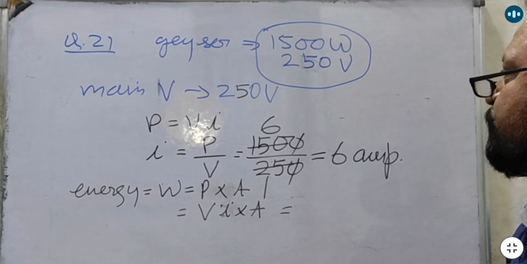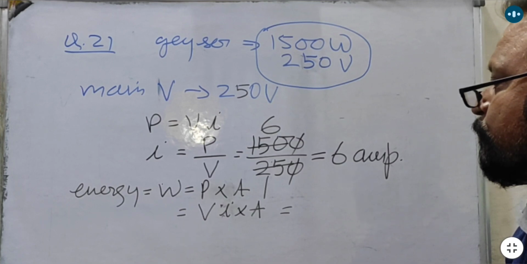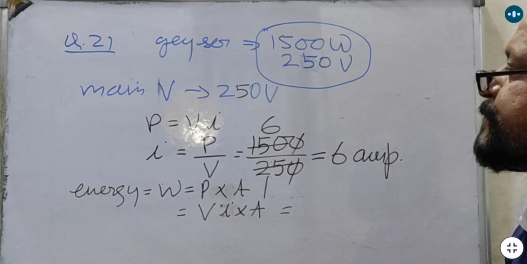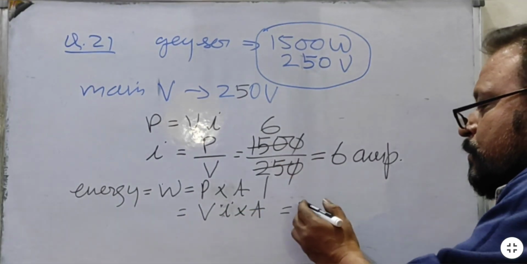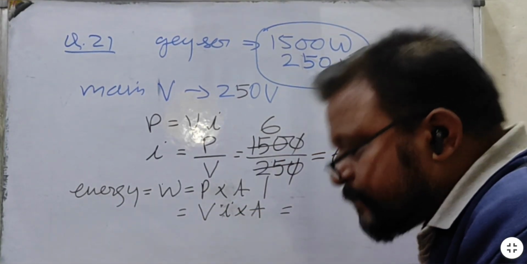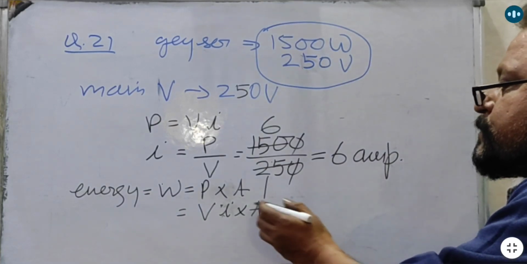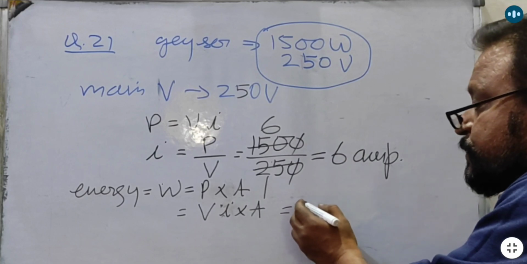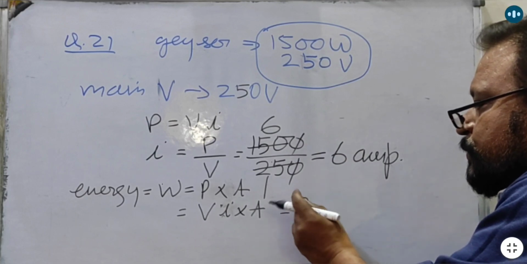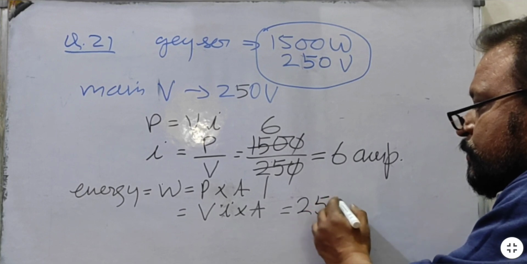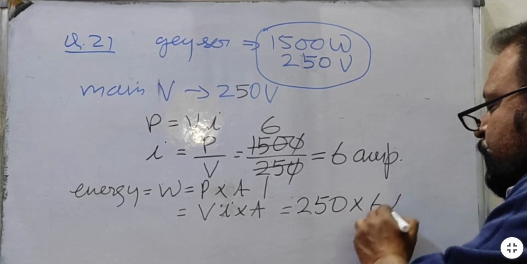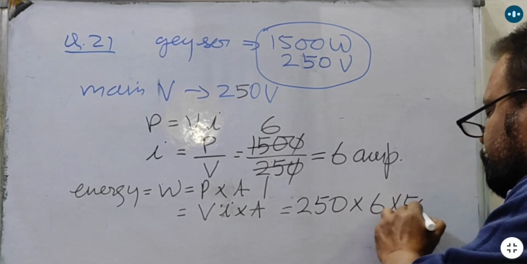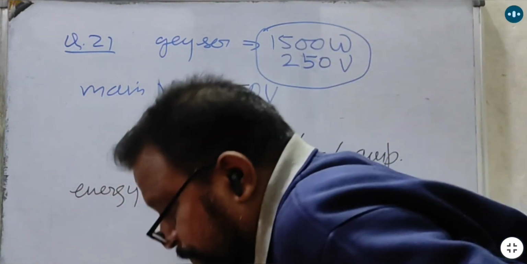So potential difference is 250 volt into I is 6 into 50 hours, right?